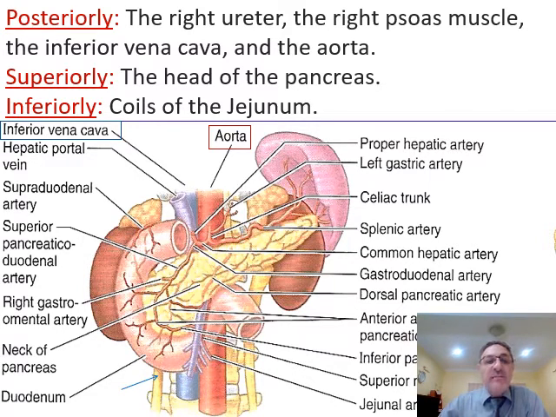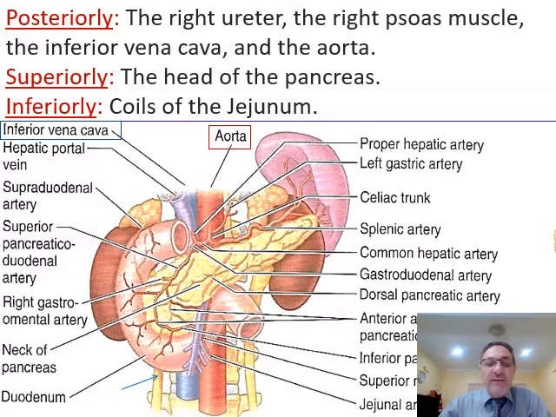This is the third part here. This is the ureter related posteriorly, and the right psoas muscle. Also, we have the inferior vena cava and aorta.